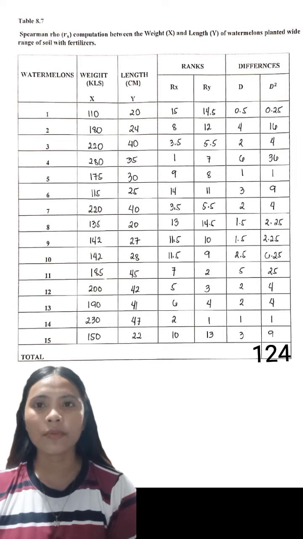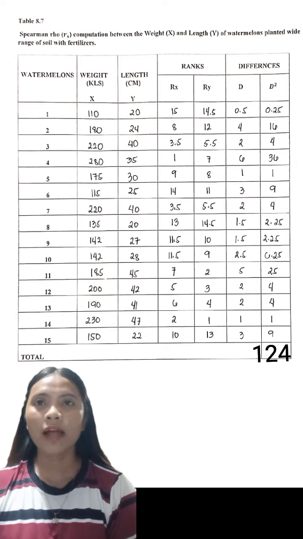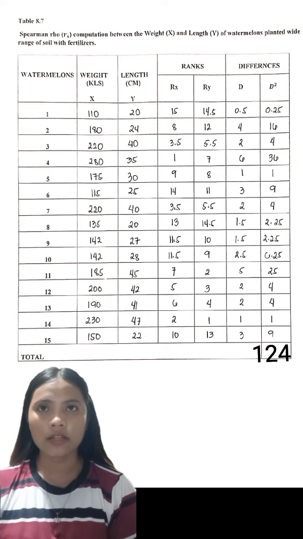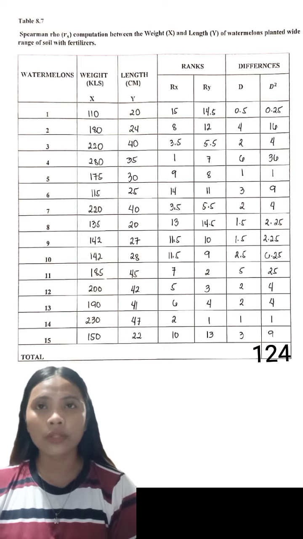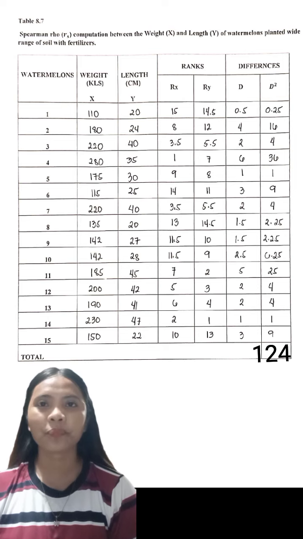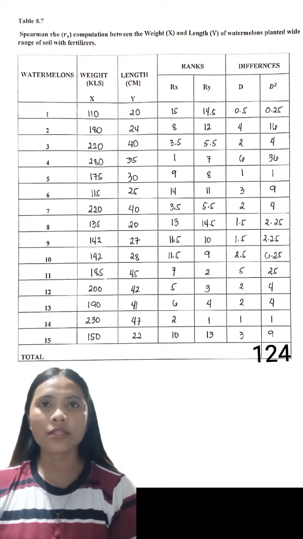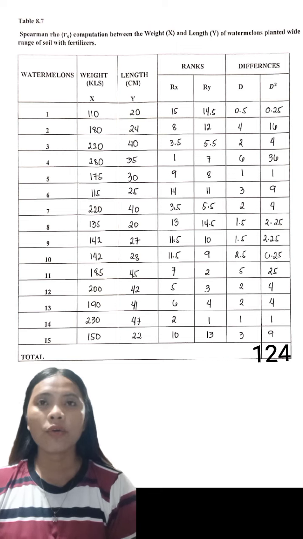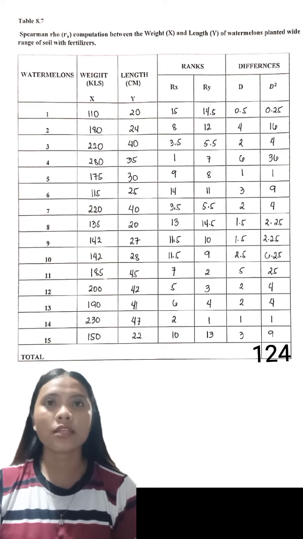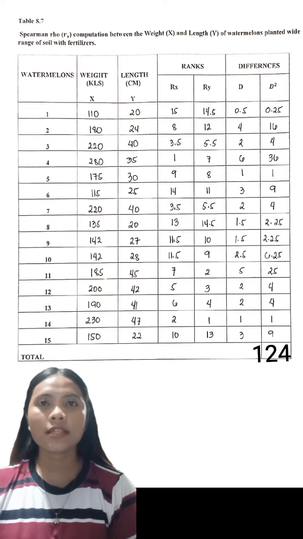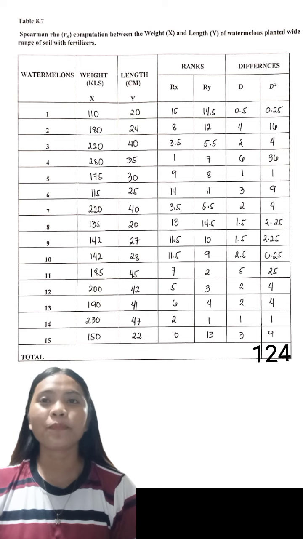As you can see, we have 15 watermelons, 15 weights in kilos, and 15 lengths in centimeters. For the next column, we need to rank each weight in kilos. So as you can see, Rx, we need to rank the weight.